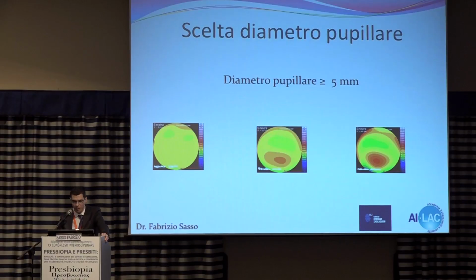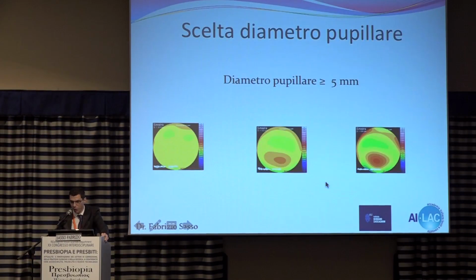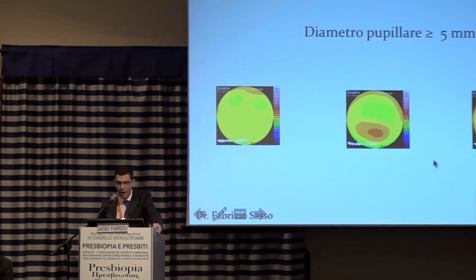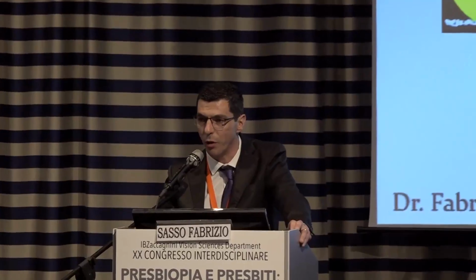Choice of the pupillary diameter. You see 3 pictures of the same left eye here. It's a subject who's a non-presbyope in the study. Here, the first one to your left has 5 millimeters pupillary diameter, then 5 and 6.6.